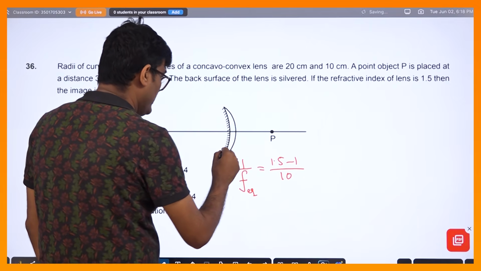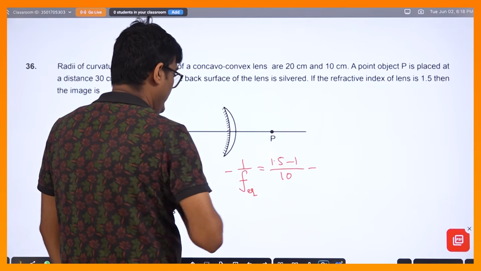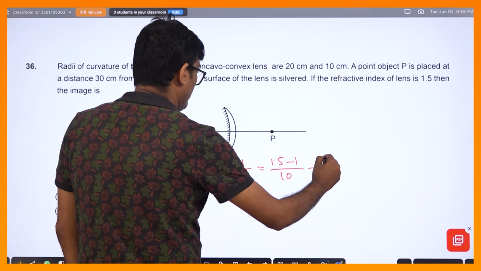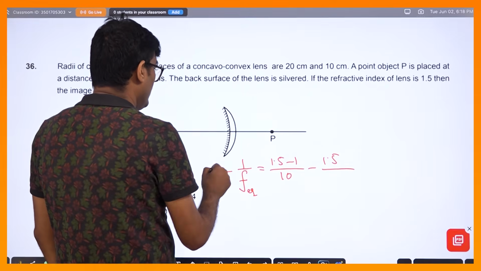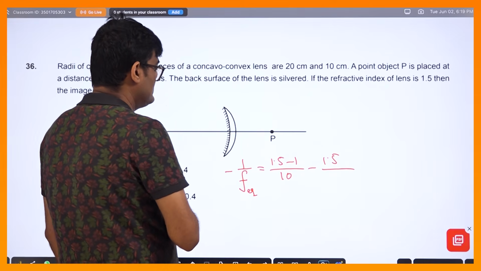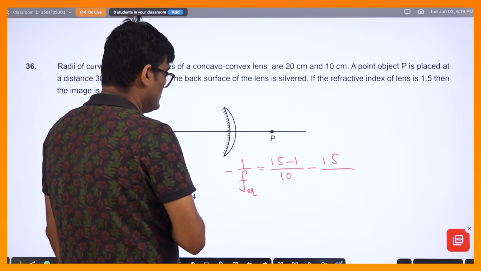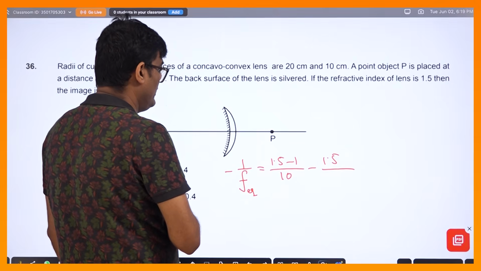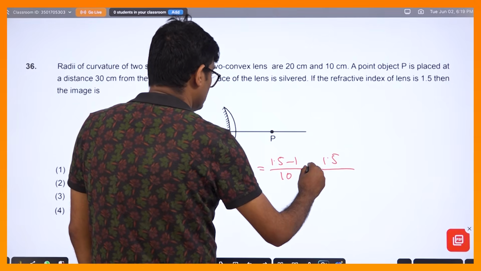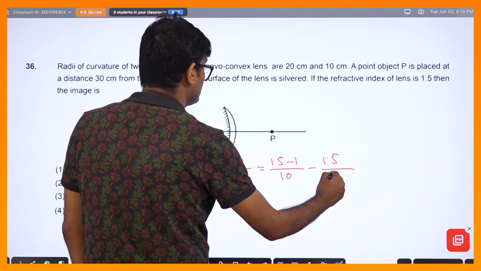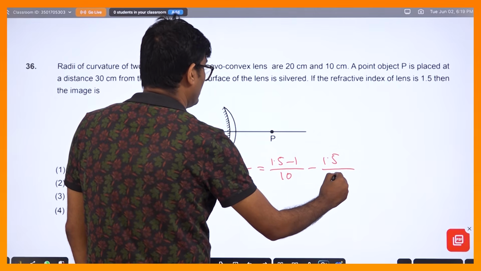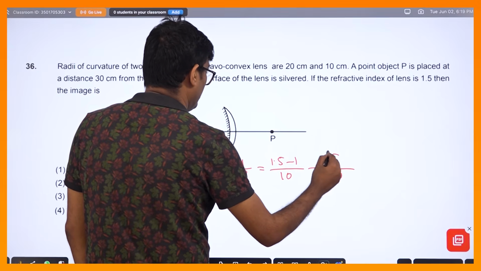So this is a mirror, so I am writing minus 1 by F. Instead of 1 by F, I will write minus mu by F mirror. This is a convex mirror, right? The convex mirror has a positive focal length, so minus 1 by F mirror is equal to radius of curvature by 2, right? So it is 20 by 2, it is 10.